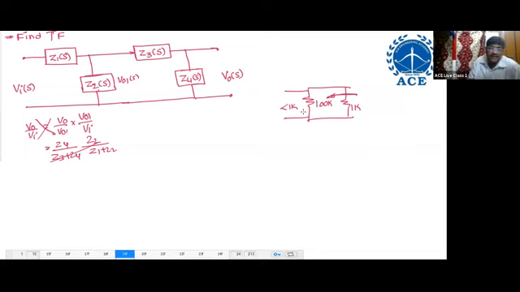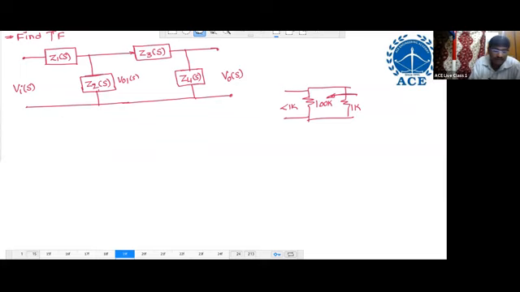That's why never divide the network into parts. If you divide it, then you will lose the marks. Okay?